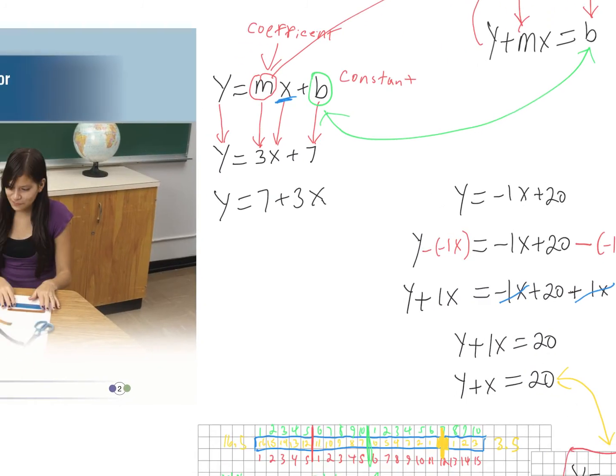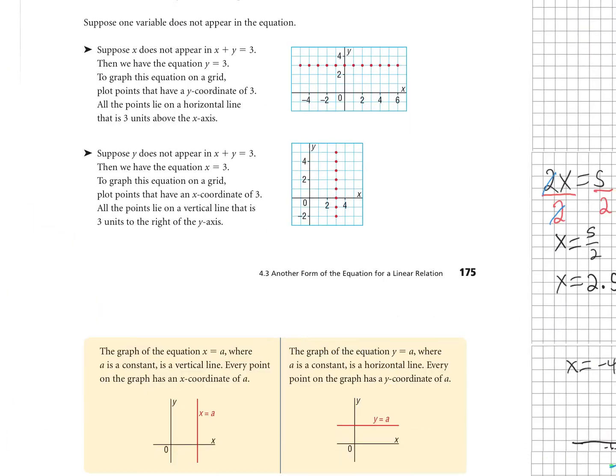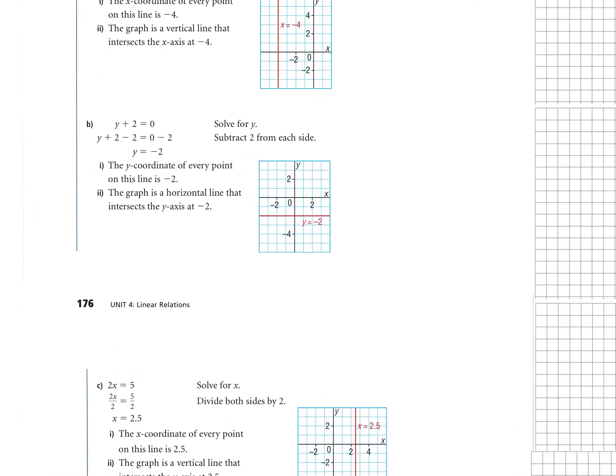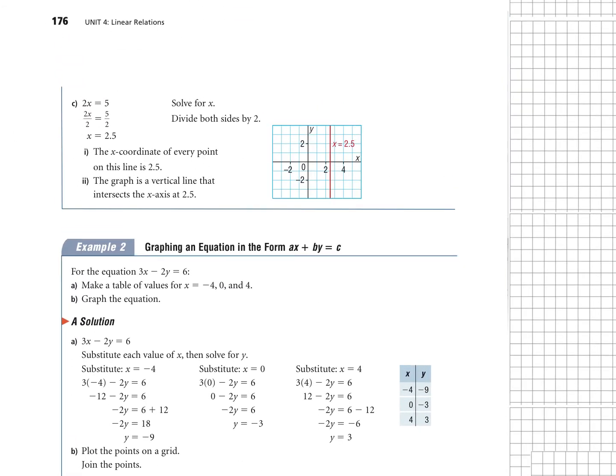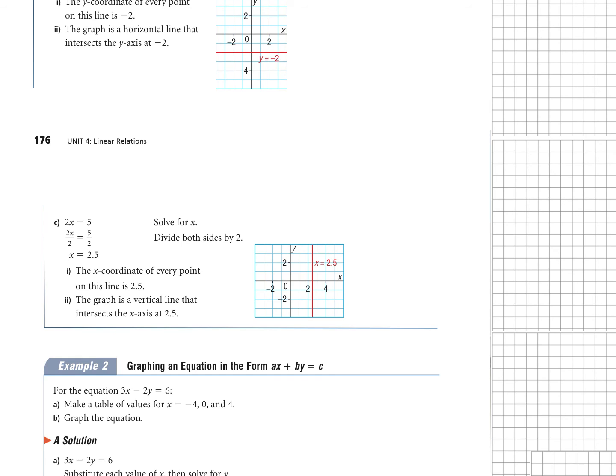So let's come back down to example number 2. In example number 2, it's saying, for the equation 3x take away 2y equals 6, make a table of values for x equaling -4, 0, and +4, and then graph each equation.